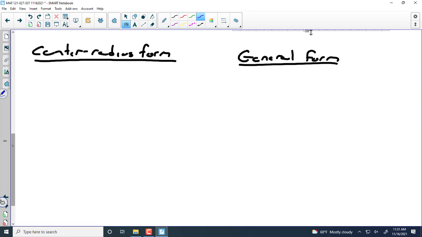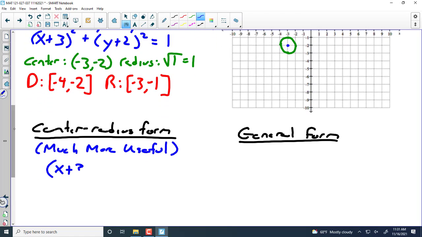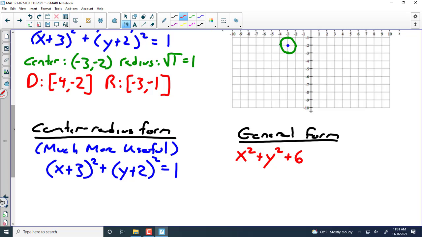Now, this one is much more useful, the center radius form, because that's the form we turned it into, so we could get our center and our radius. That's why it has that name. The general form was the form that we started with. So the general form would look like this. X squared plus y squared plus 6x plus 4y plus 12 equals 0.